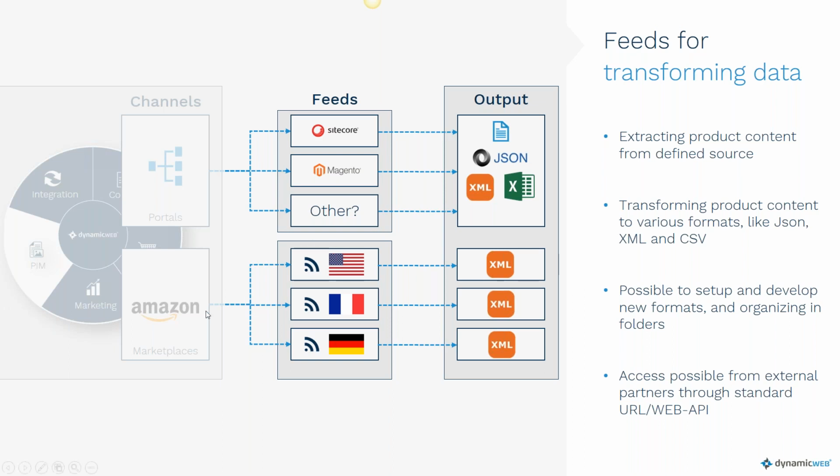Now, if you go further down to the Amazon, again, the Amazon feeds are dictated because we have to meet the requirements from Amazon Web Services and to meet their API setup and the handling of the data. And typically with Amazon, you have feeds that go to different departments and shelves, and maybe also languages.